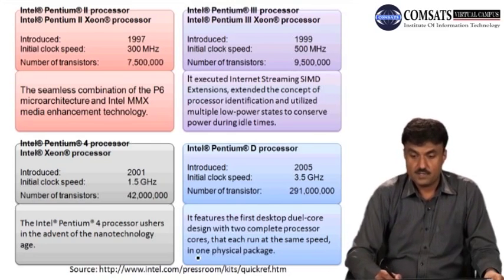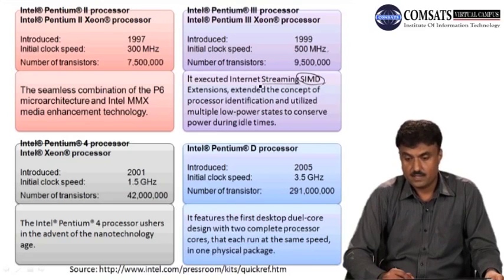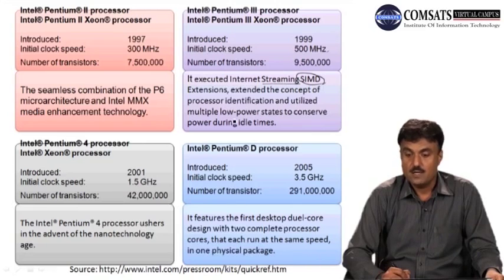It executed internet streaming. Another keyword is SIMD, single instruction multiple data extensions. We will not discuss what SIMD is, but it is one of the classifications used to classify microprocessors and machines. It extended the concept of processor identification and utilized multiple low power states to conserve power during idle times.